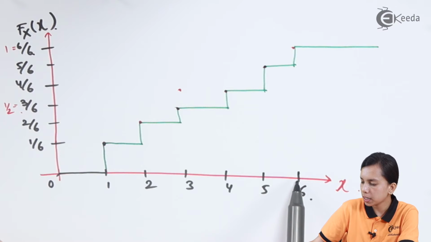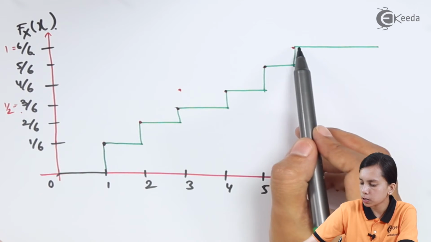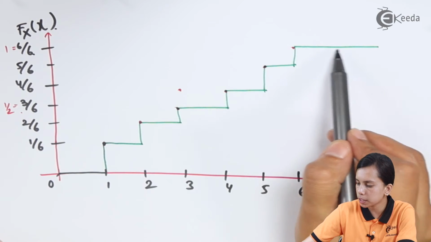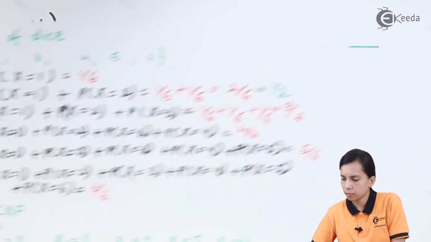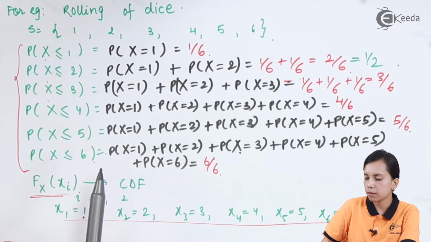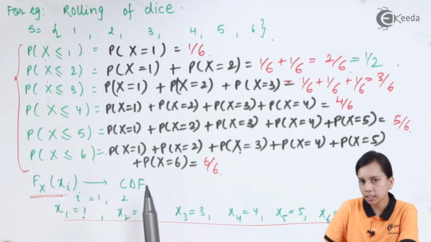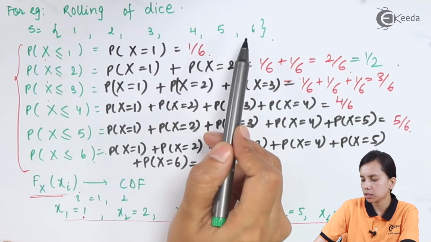When the dummy variable is 6, the function is constant, it is always equal to 1, because 6 is the case when we are defining the probability of getting all the sample points.